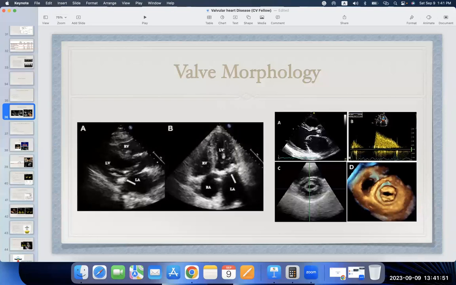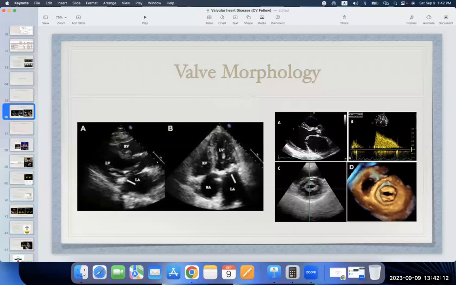You have the hockey stick appearance because the patient has normal movement of the mid and base of the mitral leaflet with restriction at the tip of the leaflet. This is the cause of the hockey stick appearance.